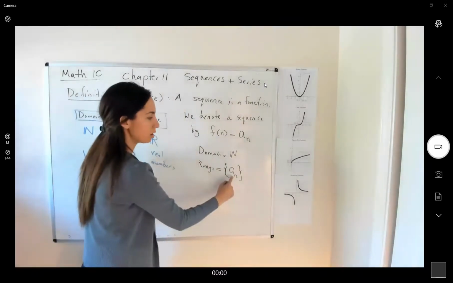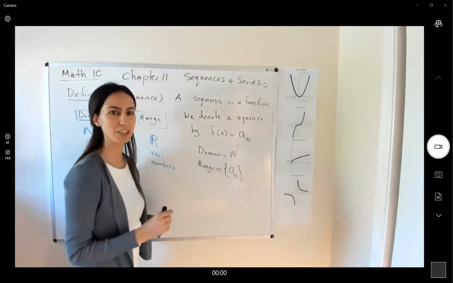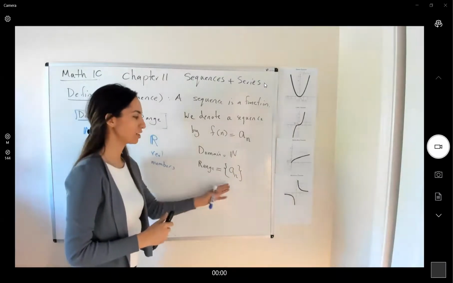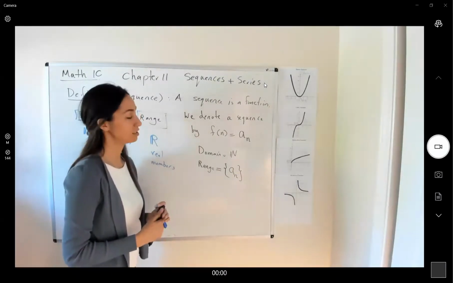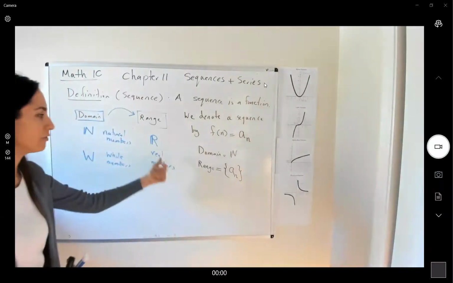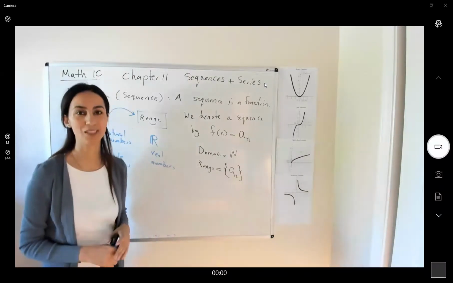If it's finite, we list all the terms of the sequence, and we say that the range of this sequence is actually the definition of this sequence. Again, if it's finite. If it's infinite, you can say that this is just R, or a subset of R.